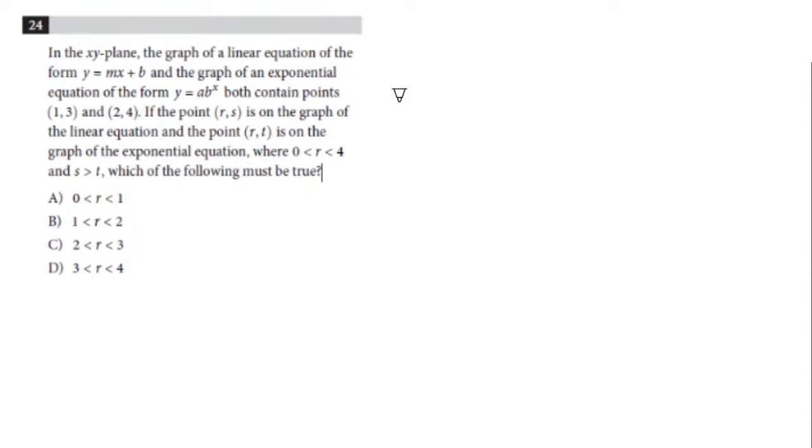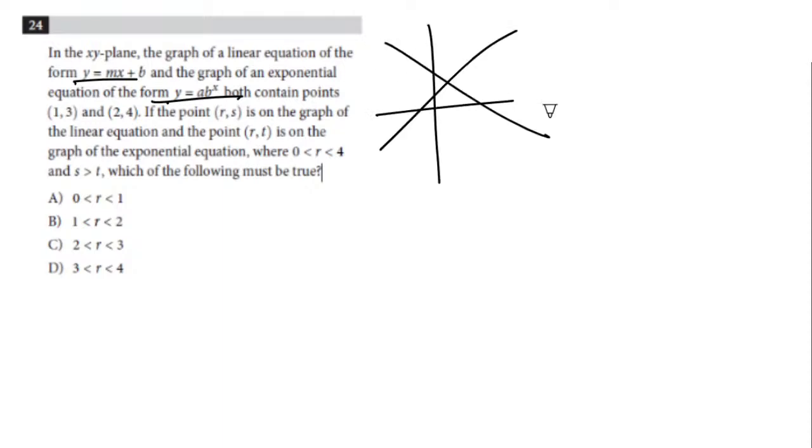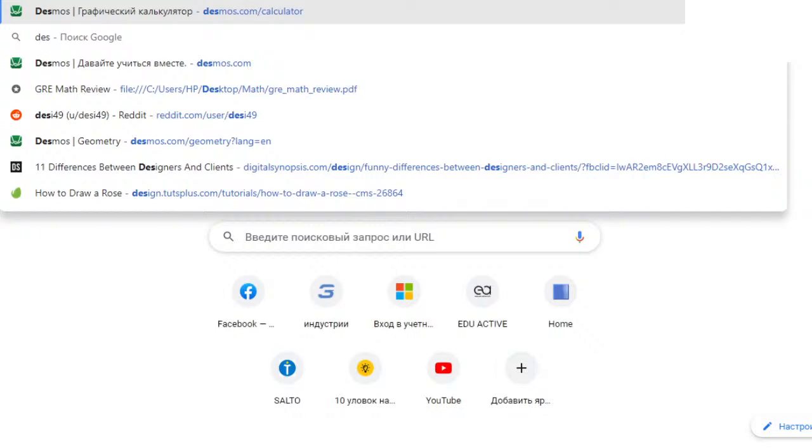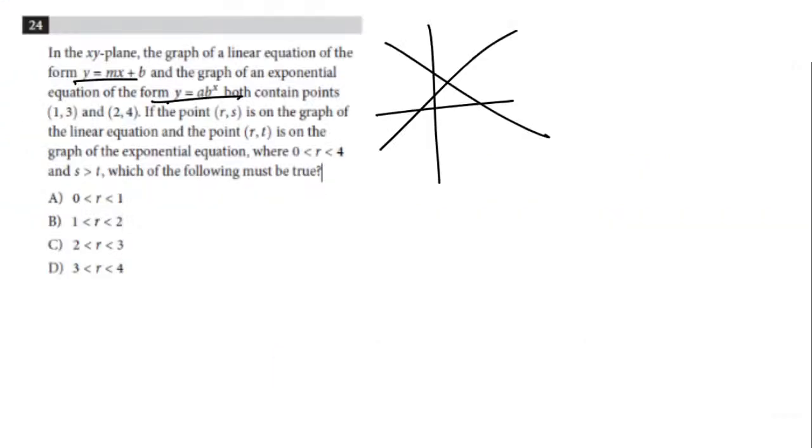It tells us that we have a graph with a linear function and an exponential function. A linear function is just a line, something like this, or whatever. Or let me do it on Desmos, just give me a moment. That would be much easier.